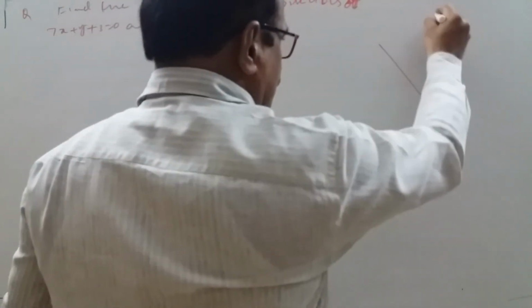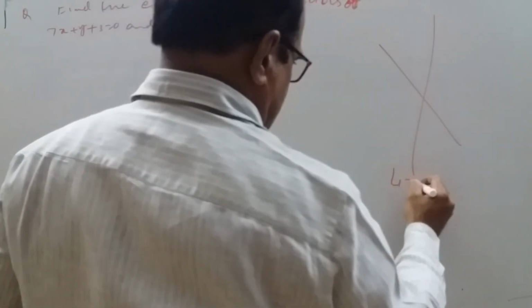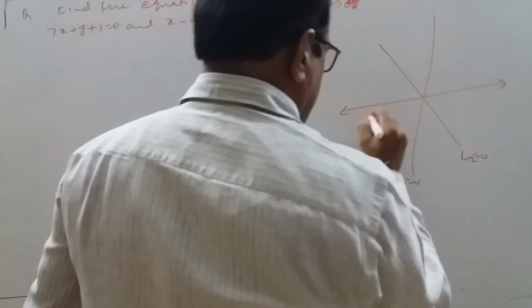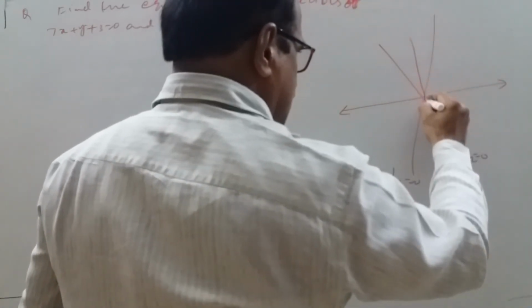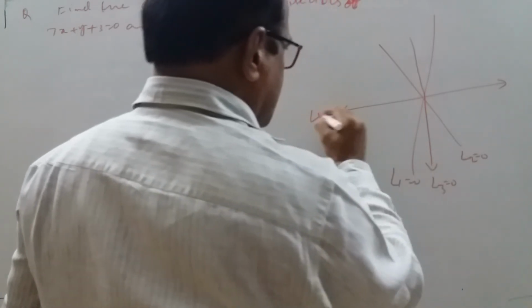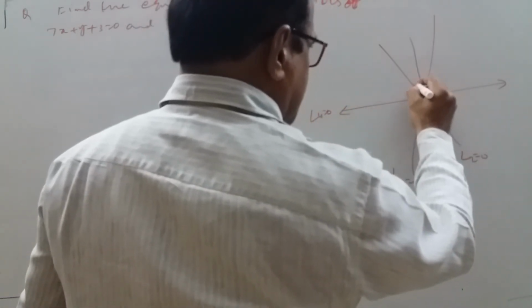Here two straight lines are given. Let these two straight lines be L1 is equal to 0 and L2 is equal to 0. Now we have to find the equations of this and this, L3 is equal to 0 and L4 is equal to 0.